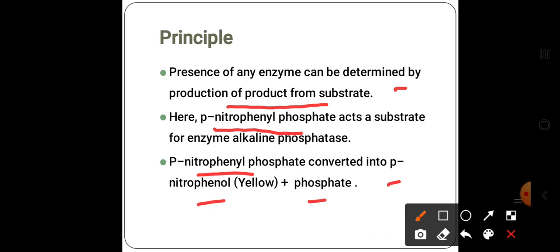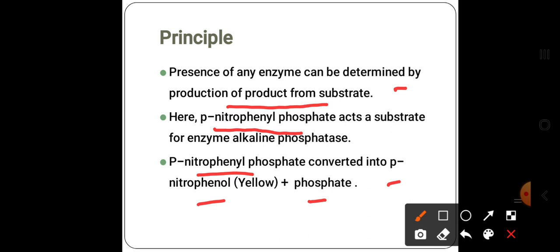Para-nitrophenyl phosphate is converted into two main products. The first is para-nitrophenol, a yellow colored product, and the other is phosphate, which is separated because the phosphatase enzyme removes the phosphate group.